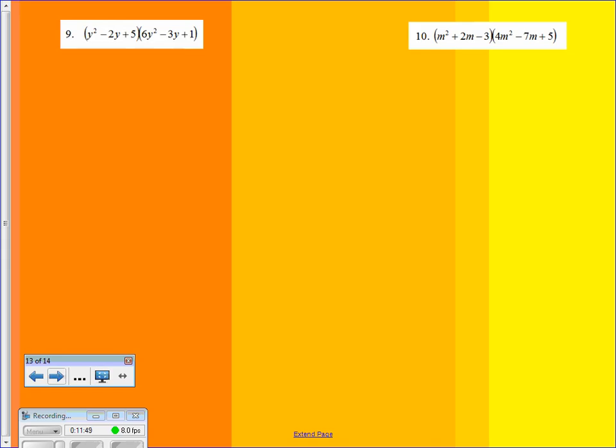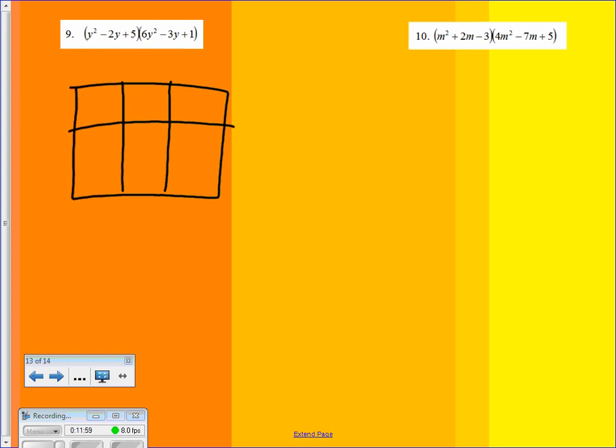What I'm going to do now is I'm going to set these two up for you. I know they look really scary, but you guys can do it. When I have 3 by 3, all I'm doing is I'm creating a 3 by 3 box. So I have y squared minus 2y plus 5, and 6y squared minus 3y plus 1.